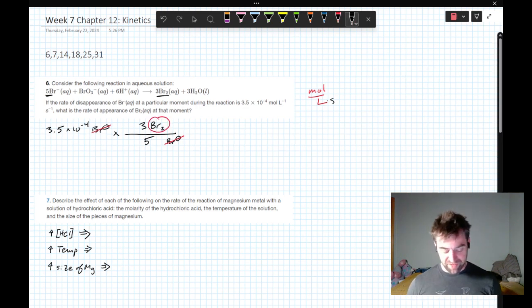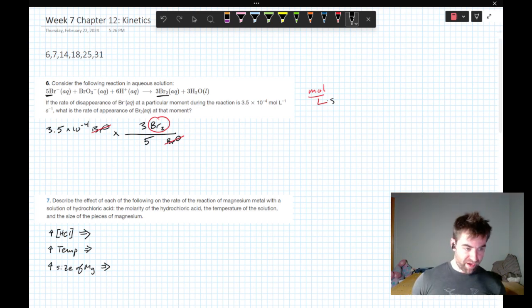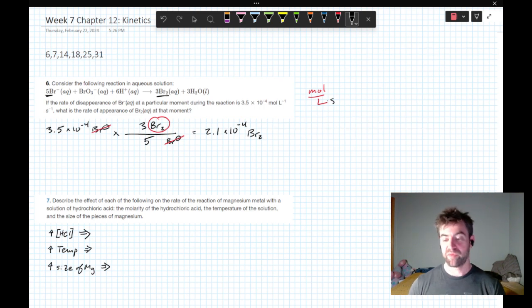So we take 3.5 times 10 to the negative 4, multiply it by 3, divide it by 5, and that gives us a final answer of 2.1 times 10 to the negative 4 diatomic bromine that are appearing. So that is the rate of appearance for bromine in this reaction.